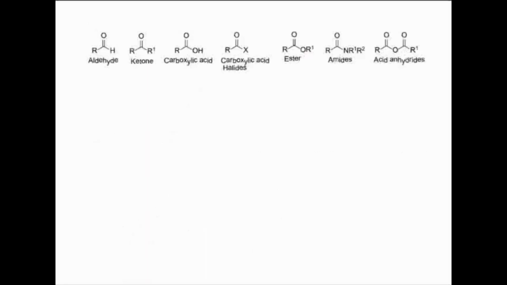Now coming to our functional groups. Similarly, we should have some understanding about the functional groups also. Though we have talked about carbon-oxygen double bonds, there are different types of compounds as listed here: aldehydes, ketones, carboxylic acids, acid halides, esters, amides, and acid anhydrides.